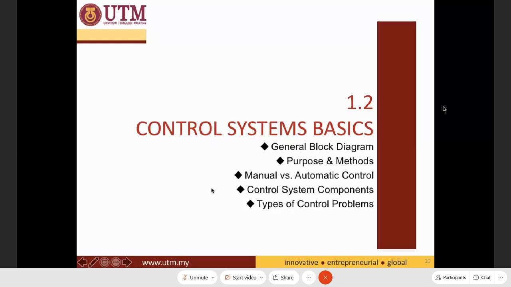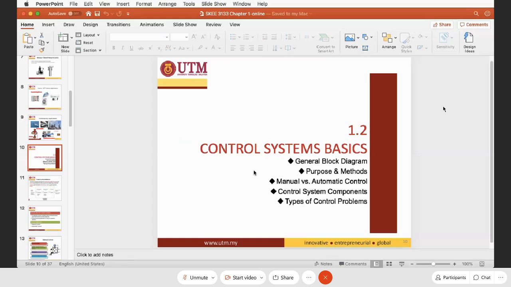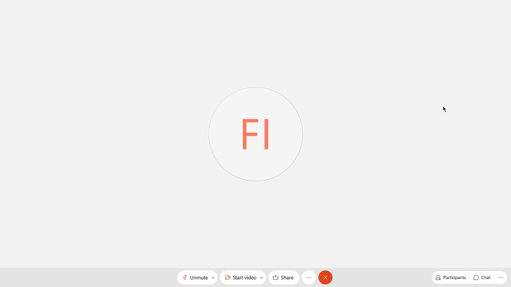Can you take one piece of paper, and then draw the diagram. Any one system that you think involves control or operation.